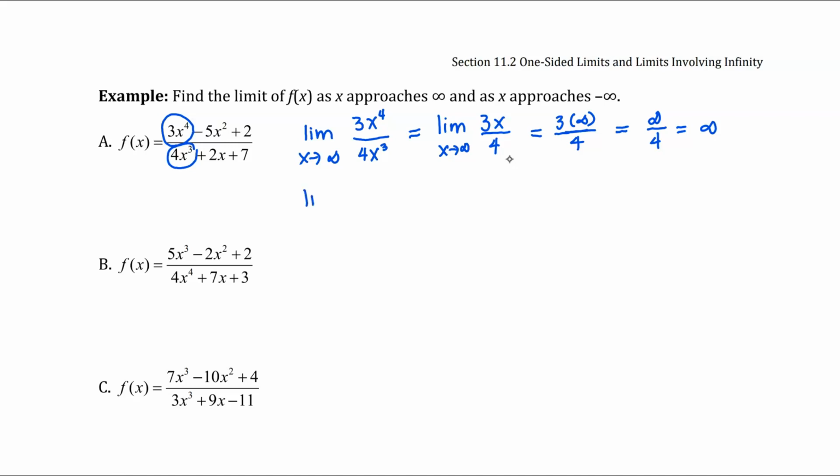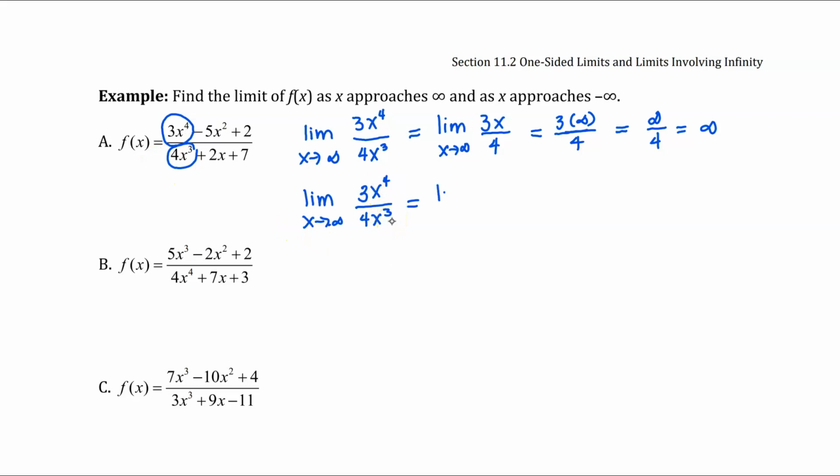Now, if you take the limit of the same expression as x approaches negative infinity, you do the same thing. You get the leading term in the numerator, 3x to the 4th, and the leading term in the denominator. And then you simplify. You cancel x cubed.